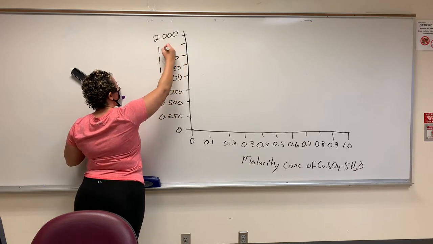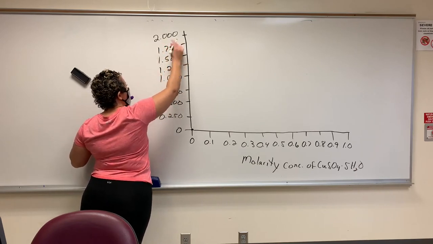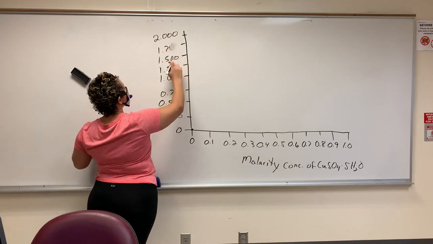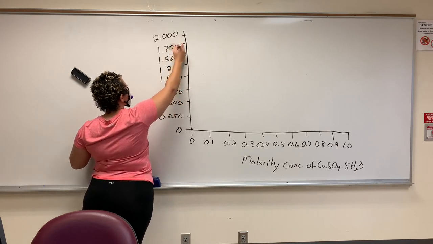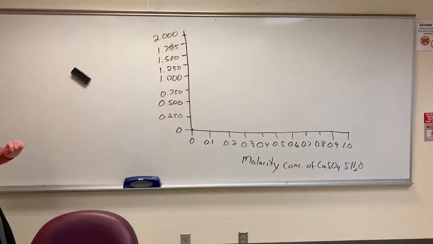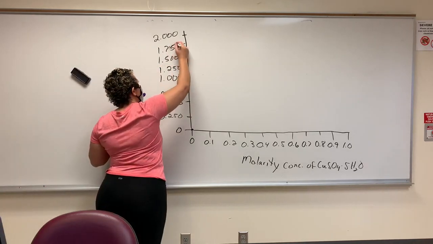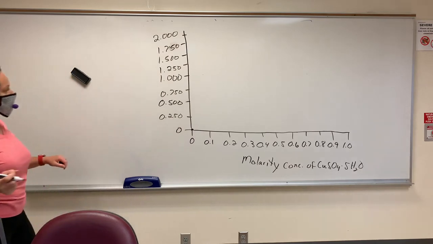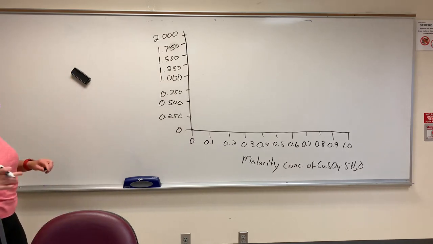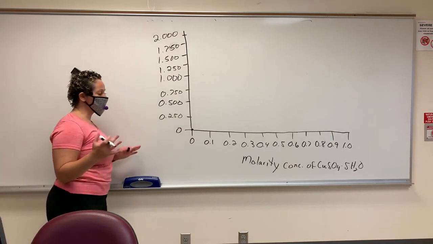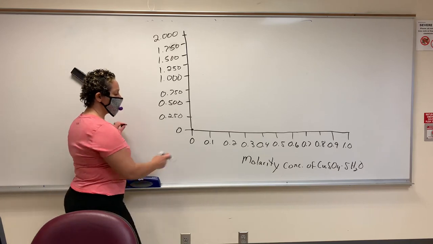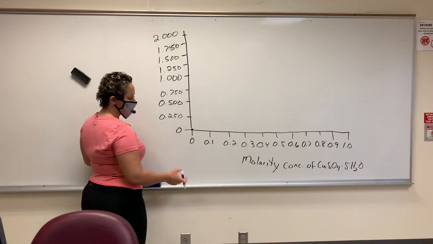This is a great tool in trying to figure out what your scale is. 7.5. Does that look right? When I go fast, no. When I go fast, I tend to make mistakes. How's that look? Is that better? Looks good to me. Alrighty, so I'm just making up some numbers. Remember, I didn't do the data myself.